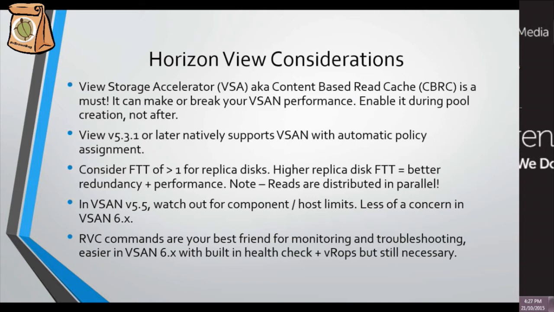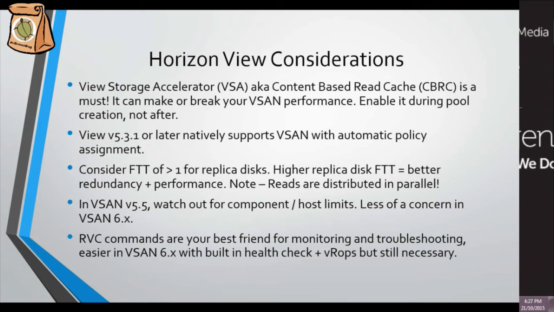And if you increase the FTT of your replica disks, you are fundamentally not only increasing your redundancy levels, you are also increasing performance because reads on vSAN are distributed equally in parallel. That's, I think, one very key performance tweak that many people don't understand. It does take a little bit more storage space because you're effectively creating more mirrors, but I think it's key.